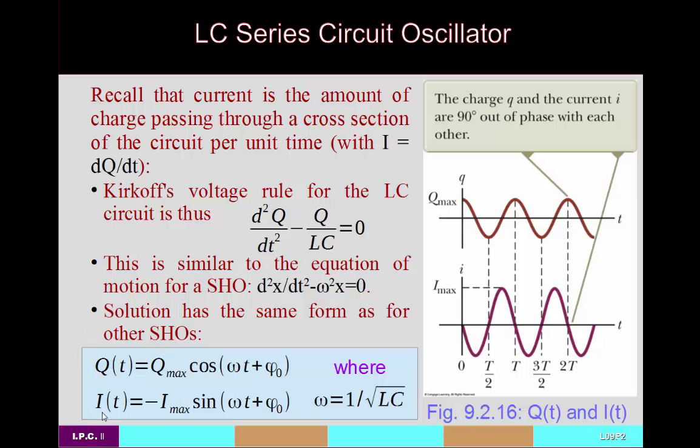So those are the main differences, but everything else basically is the same. Same sinusoidal shape, same amount of phase shifts. If you start with some charge on the capacitor, which you should if you're doing this right, then that's the maximum charge. Therefore, this phase is generally 0, and so on. So that's what happens when you have an LC series circuit.